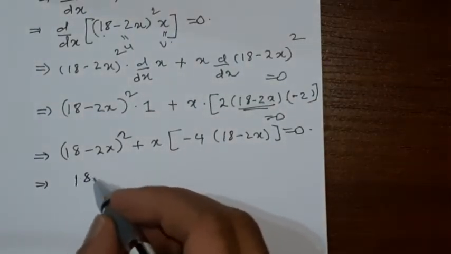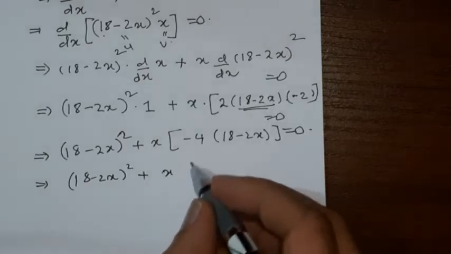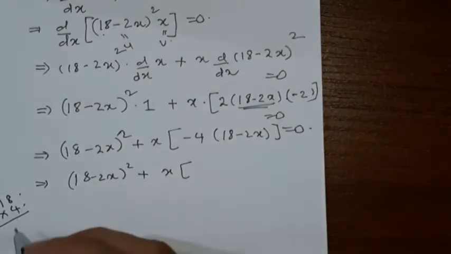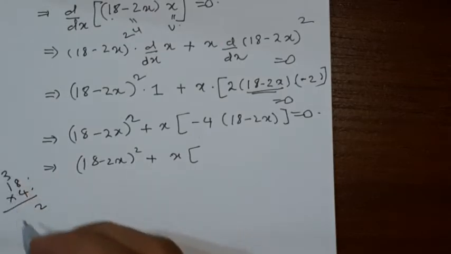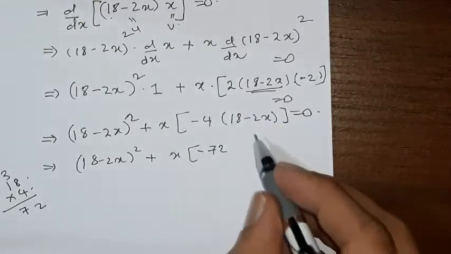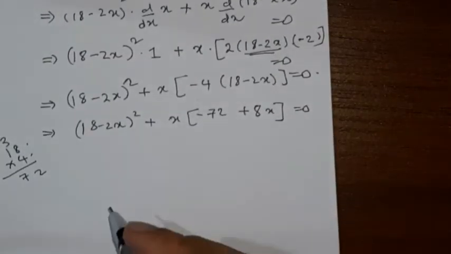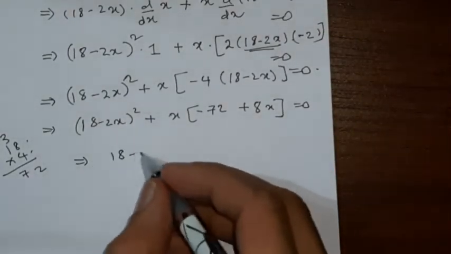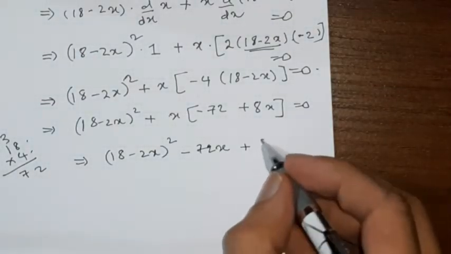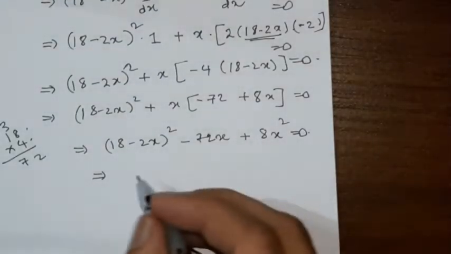So that means (18 minus 2x) the whole square plus x times this, if we multiply, what do we get? 18 multiplied by 4: 8 4s are 32, 4 1s are 4, plus 3 is 7, so 72, minus 4 times minus 2x is plus 8x equal to 0. So that means (18 minus 2x) the whole square minus 72x plus 8x square equal to 0. So this is what we are getting.